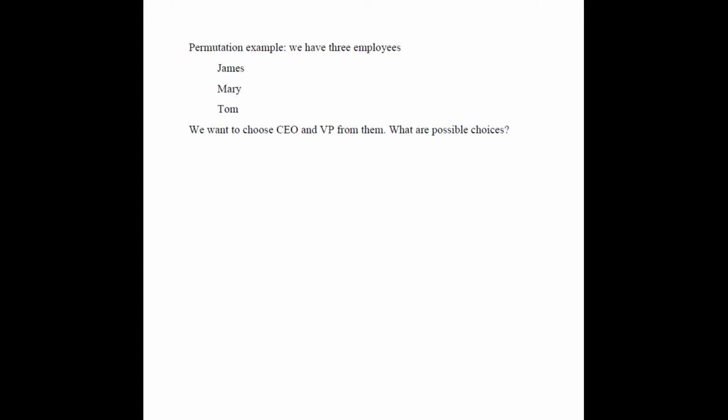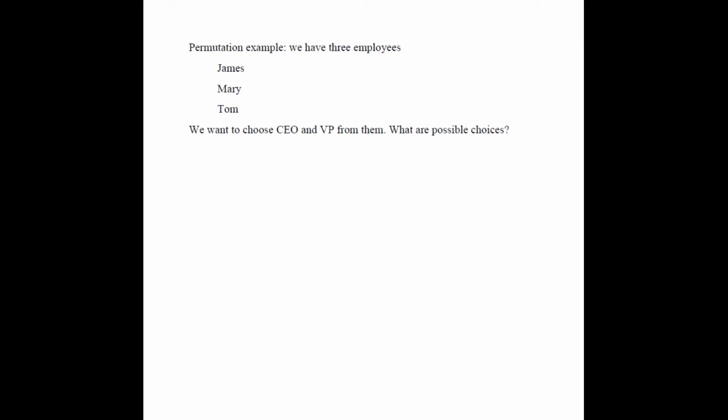Let's look at one simple example for permutation. Assume we have 3 employees, 3 very good employees. The company wants to choose a CEO and VP from them. What are the possible choices?